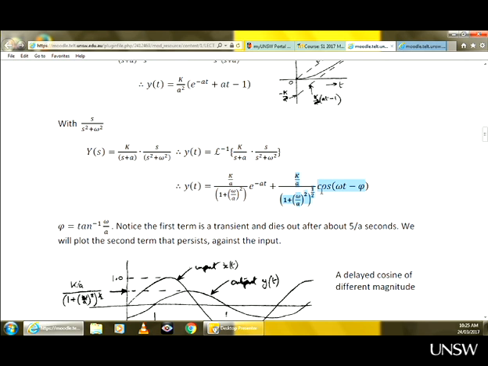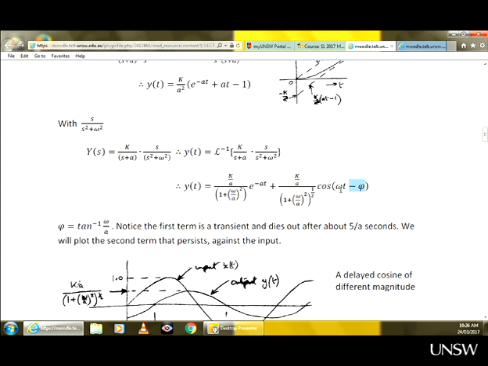Now you see what changed between the input and the output is the amplitude. The input amplitude is 1, the output amplitude is not 1, a different constant. And you also have this phase shift. So the output is shifted by phi relative to the input.